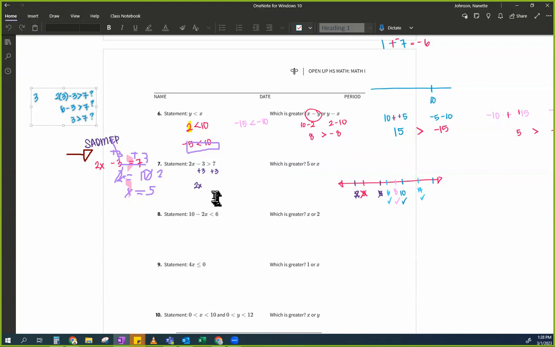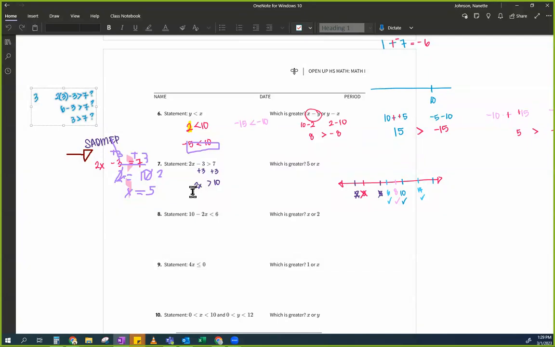And then I ask myself the $1,000,000 question. Do I switch my symbol? No. Everyone says no. Good. Why not? Oh my gosh, Miss Johnson, because we didn't multiply or divide by negative. Yes. Okay, then I say, okay, fine. How do you undo multiplying by 2?